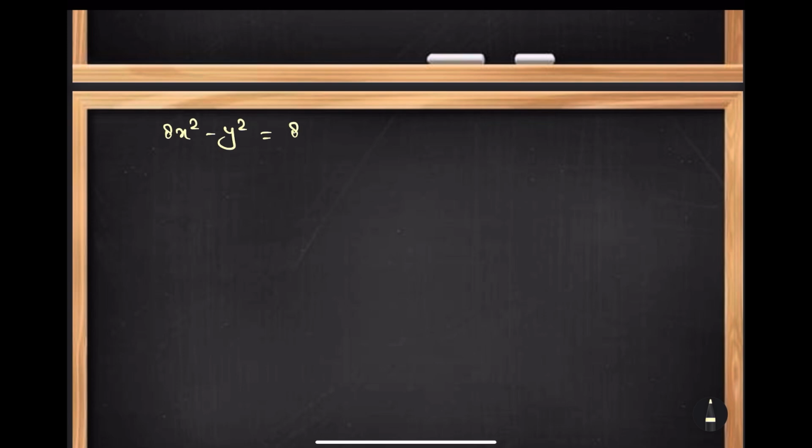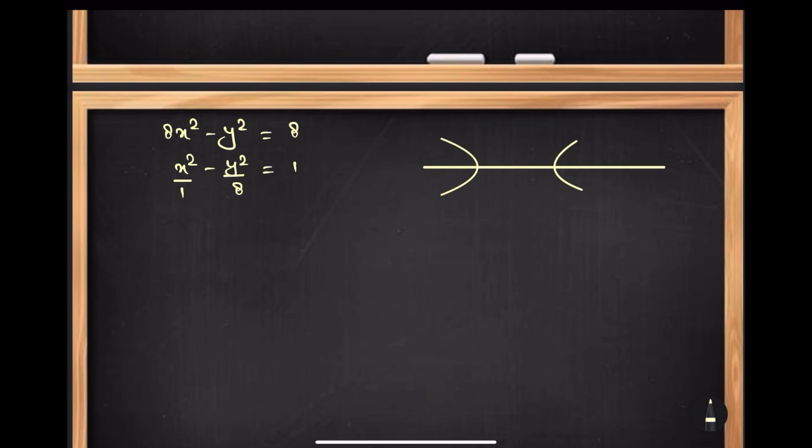Let's divide both sides by 8. So we will have x square minus y square by 8 equals 1. Now you know that here we got a positive term, so we will get a horizontal hyperbola. Correct? So you got your hyperbola done.